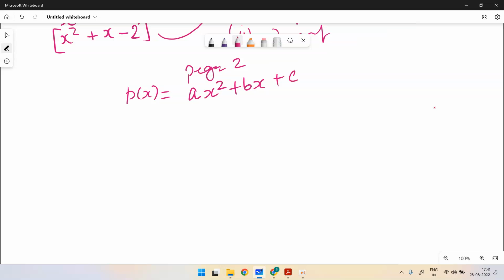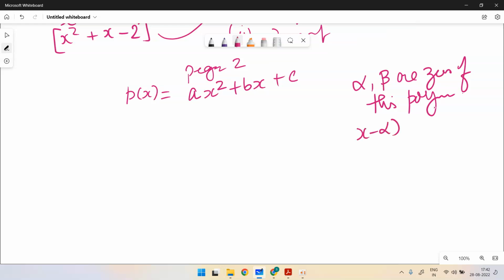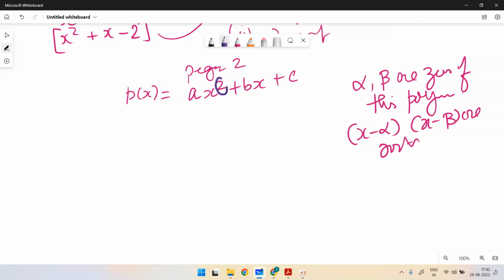And let us assume that alpha and beta are zeros of this polynomial. Then x minus alpha and x minus beta are factors. Since the degree is 2, the maximum number of zeros will be 2, alpha and beta.